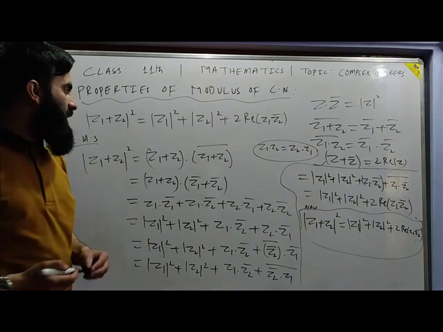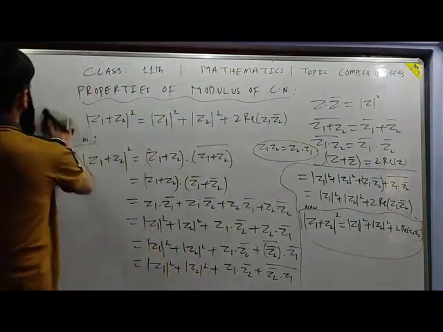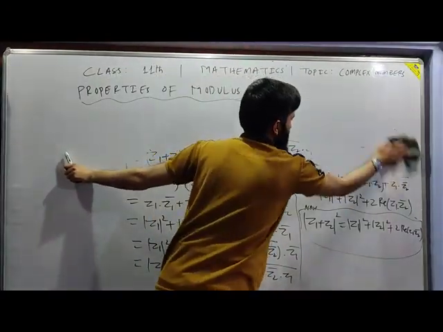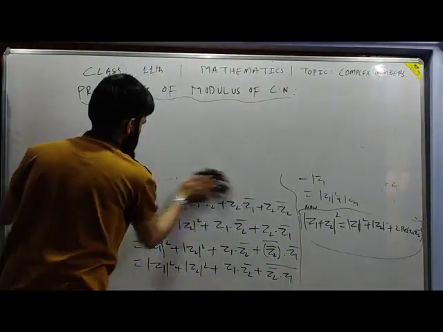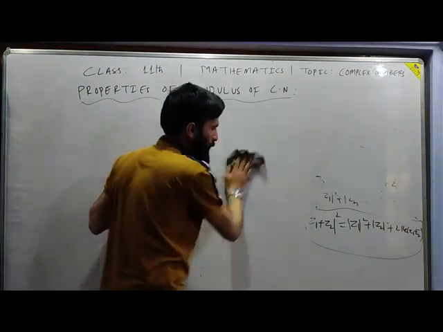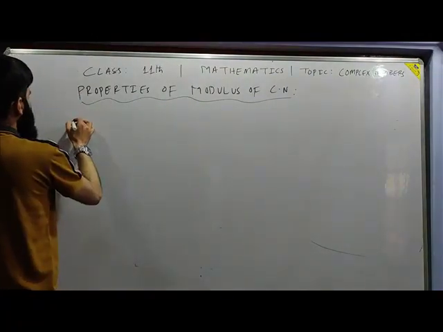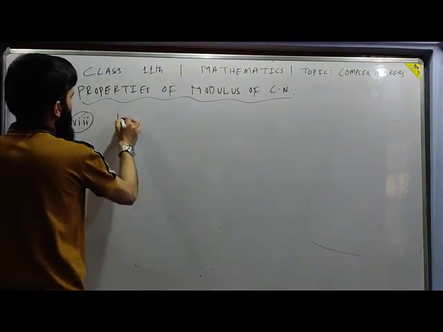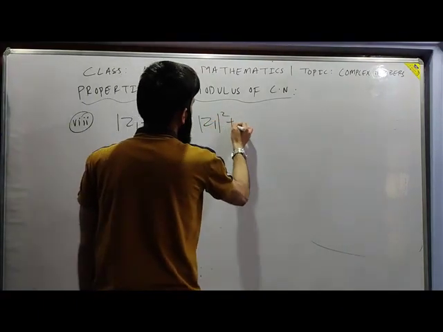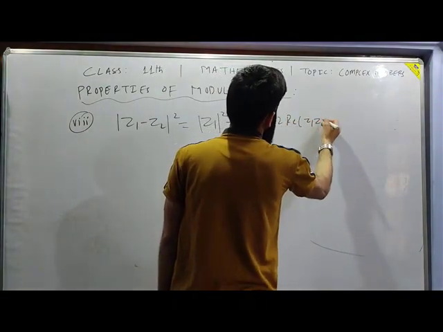Now moving forward, we'll go for the eighth property. Our eighth property is modulus of Z1 minus Z2 whole square, which is basically equal to modulus of Z1 square plus modulus of Z2 square minus twice the real part of Z1 Z2 conjugate.